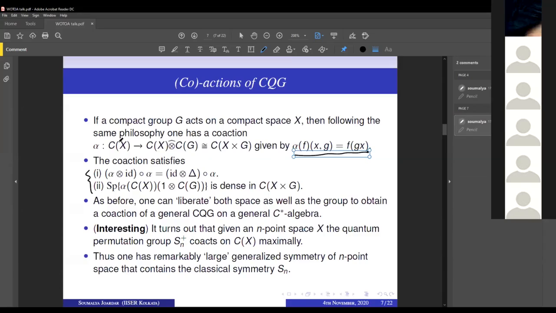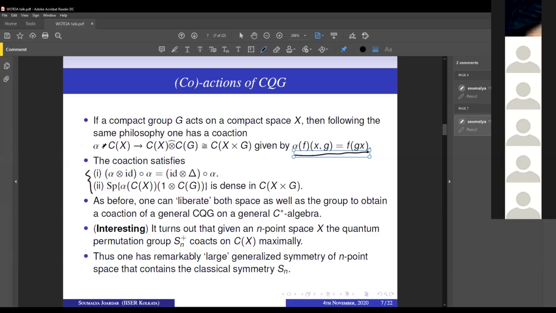You replace C(X) by any C*-algebra and replace C(G) by any compact quantum group, not necessarily a function algebra over a compact group. And you take these things as axioms: what do we mean by a compact quantum group coacting on a C*-algebra?